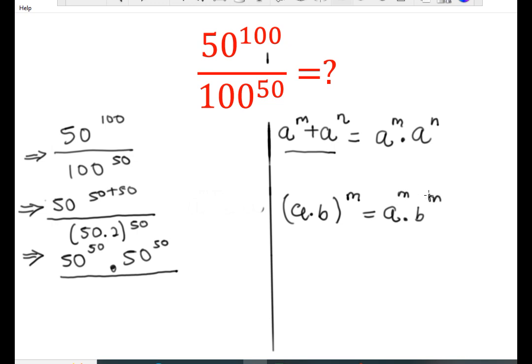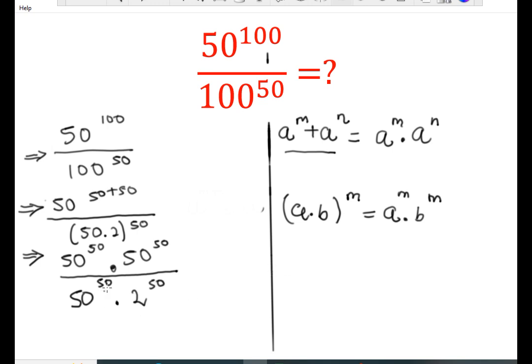We want to write it the same way, so we're just going to say 50 to the power 50 multiplied by 2 to the power 50.